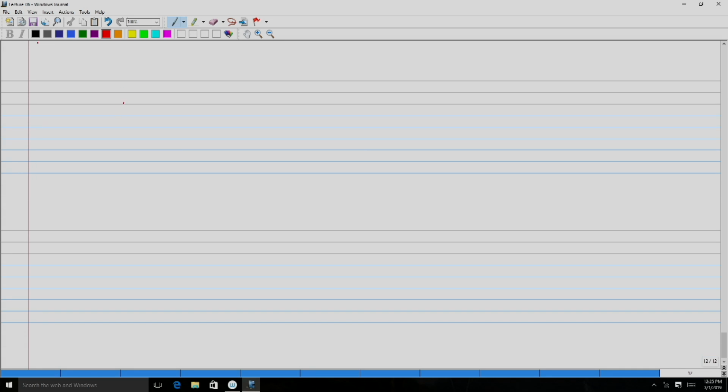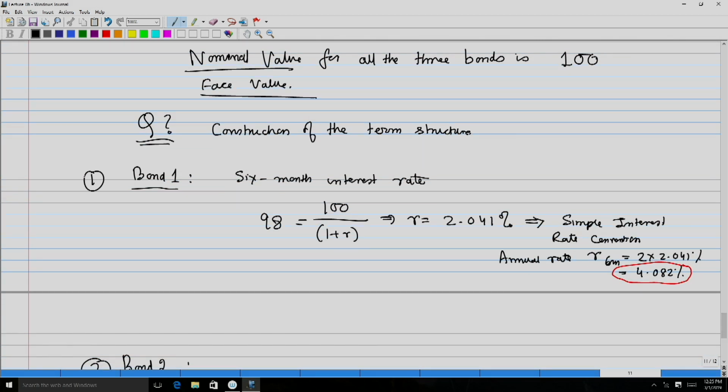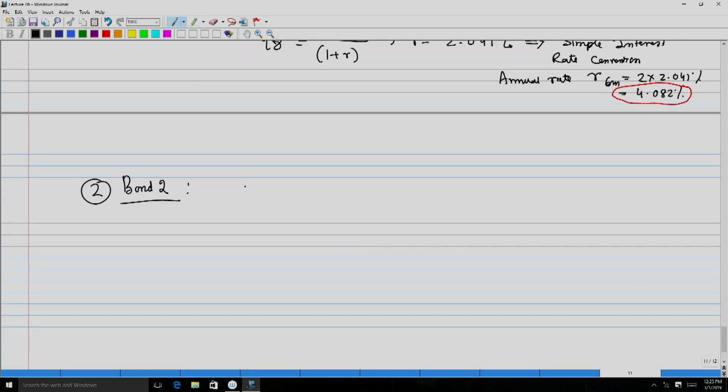Now, next we look at the second bond. So, what are the characteristics of the second bond? The second bond is of maturity 18 months. And what are the payments that you are going to receive? At the end of 6 months, you receive a coupon of 6% calculated on the face value of 100.